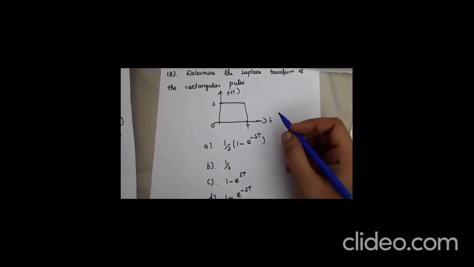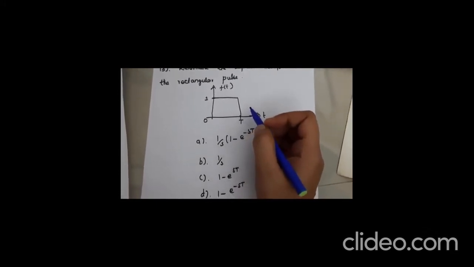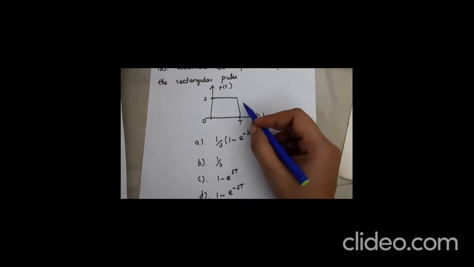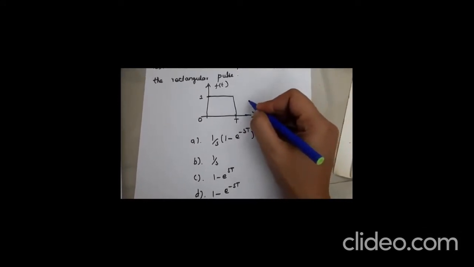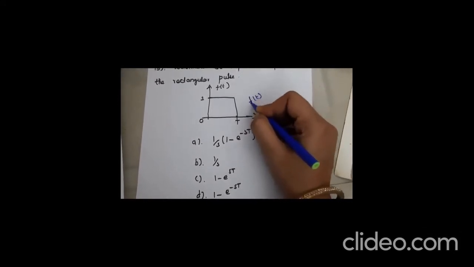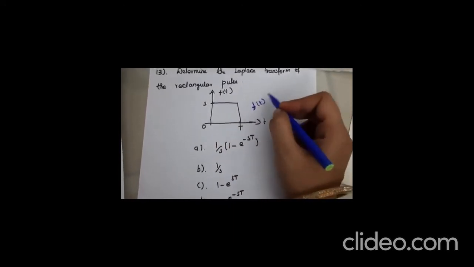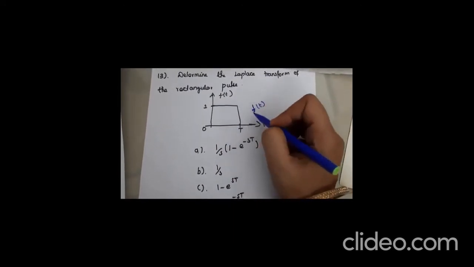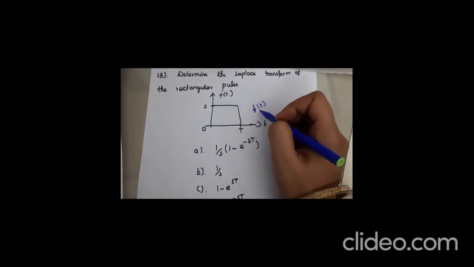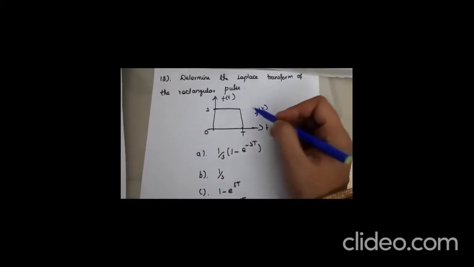13th question, determine the Laplace transform of the triangular pulse. There are two methods, and I will show the shortcut method here, and this is the function f of t. For any question like this, you have to write the equation first. You have to find the expression of the signal first.